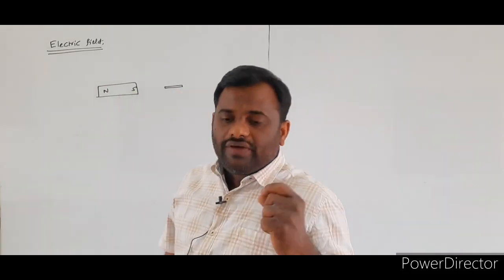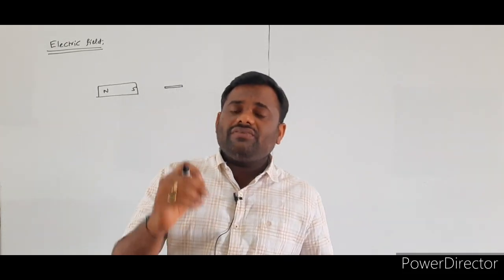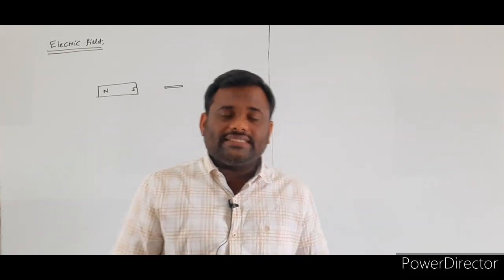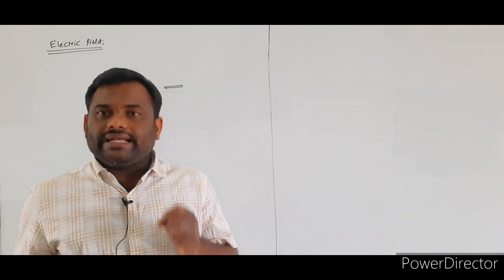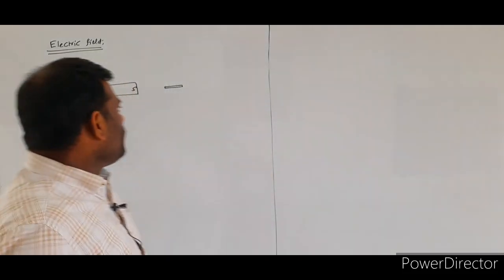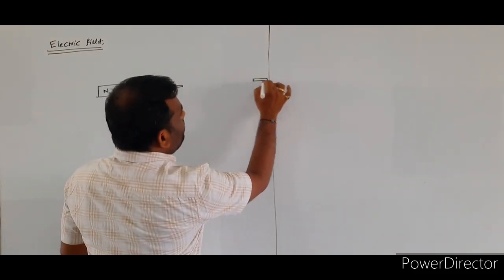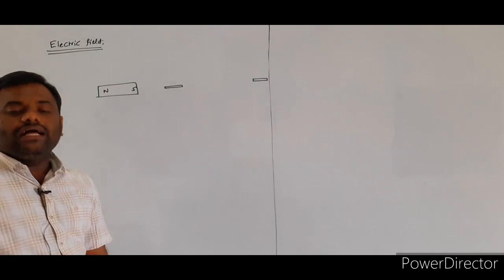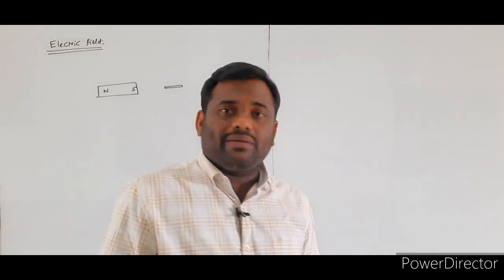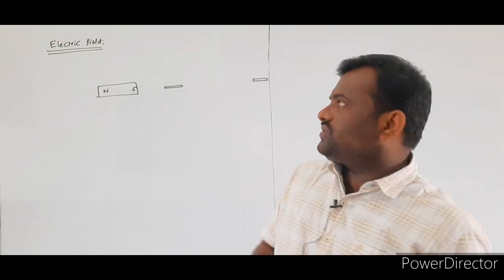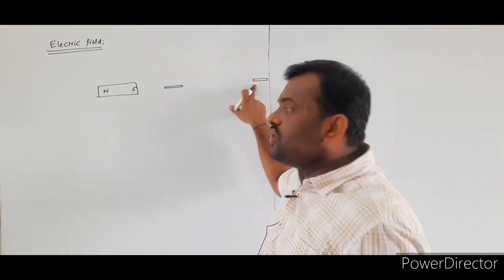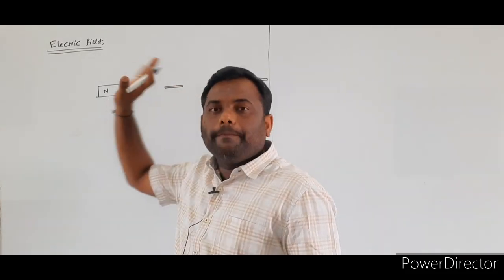Once again, whenever we consider the bar magnet and a magnetic substance is placed around it, that magnetic substance will be attracted by the bar magnet. Whenever the same magnetic substance is placed very far away from the given bar magnet, in that situation it will not be attracted by the bar magnet.